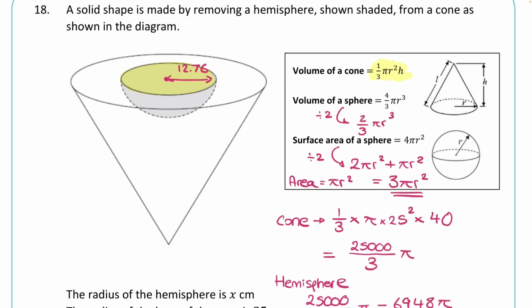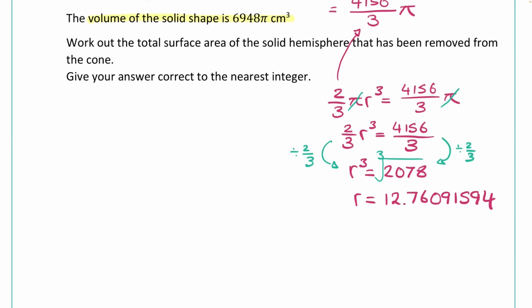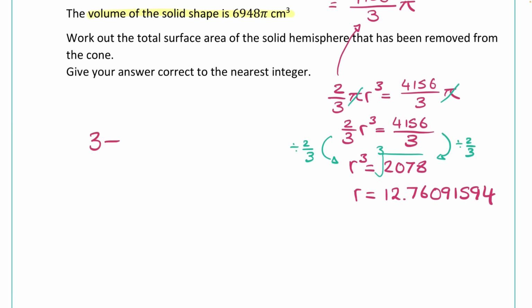So now I know the formula, which is relatively nice to change in that position there. I can do 3 pi r squared. We have r is 12.76, so I've got 3 times pi times 12.76091594 squared. I can type that in on the calculator.